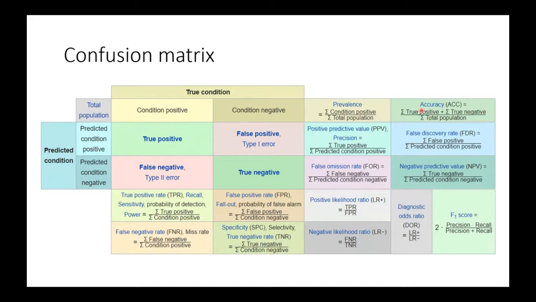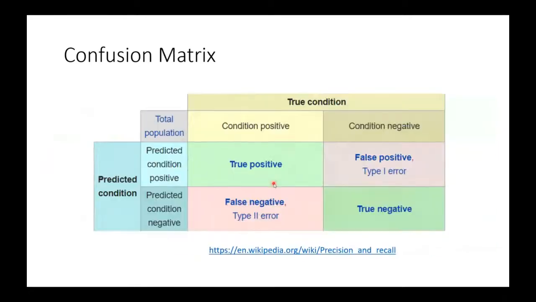Accuracy is here, as we've seen. So accuracy is here, and the precision is here, right? And there are other metrics as well: false omission, positive likelihood ratio.